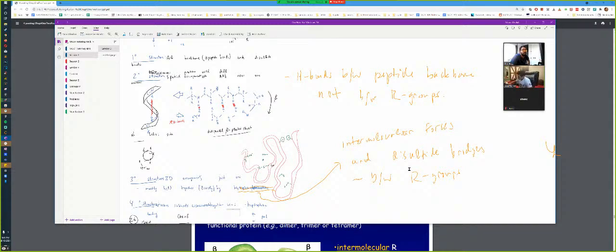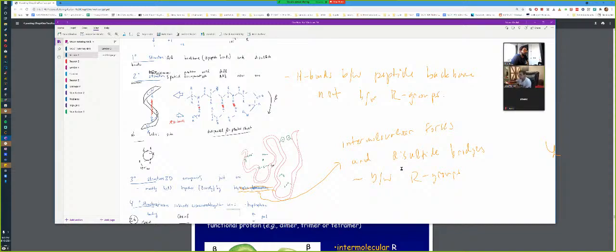Okay, so secondary doesn't involve R groups, but tertiary does? Yes. And then quaternary structure doesn't always exist. It exists when there are subunits.